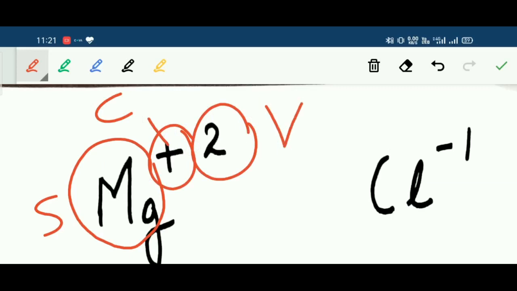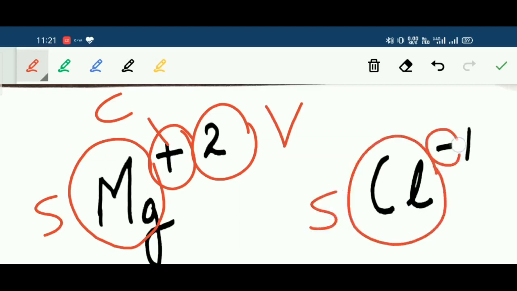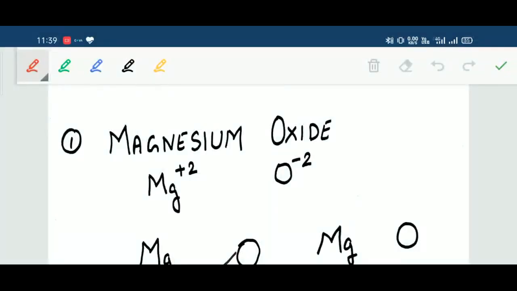That means the symbol is Mg and the valency is 2. Similarly, for chloride ion, Cl represents the symbol, minus represents the charge, and 1 represents the valency. Students, the knowledge about symbol and valency comes in handy for writing chemical formulas.